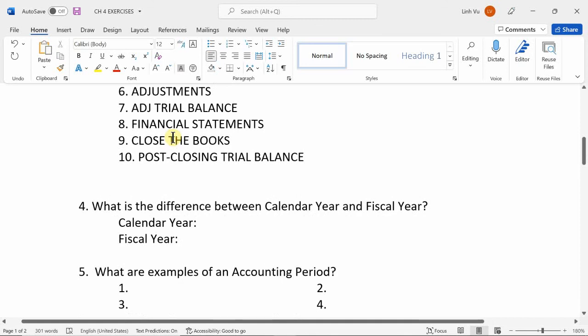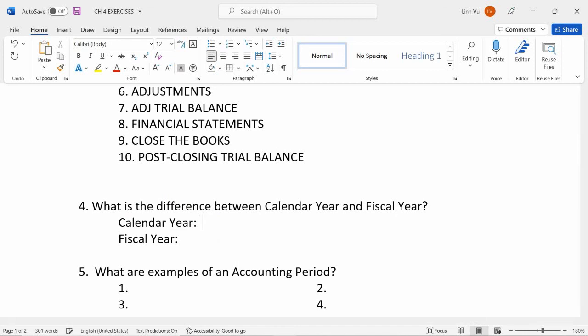All right. Number 4. Okay, what is the difference between the calendar year and fiscal year? The calendar year is from the first of the first month, January 1st, to the end of December. Okay, and the fiscal year is when you start at the first of any month, and it's a consecutive 12 months.